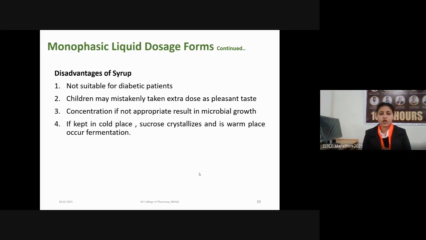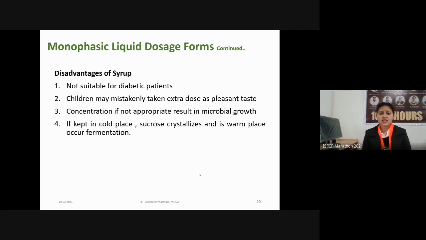So because of the pleasant taste, children can mistakenly take an extra dose, and this can cause toxicity. By this, the concentration of the drug in the blood plasma can increase and cross the toxicity level of the blood. So this is the second disadvantage of the syrup.